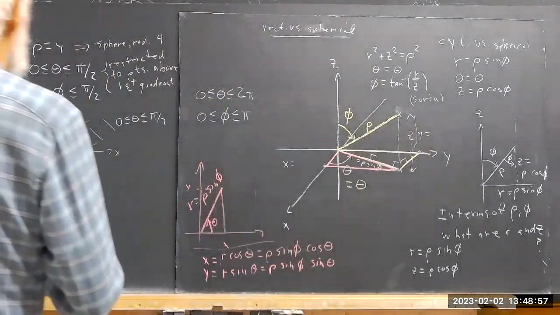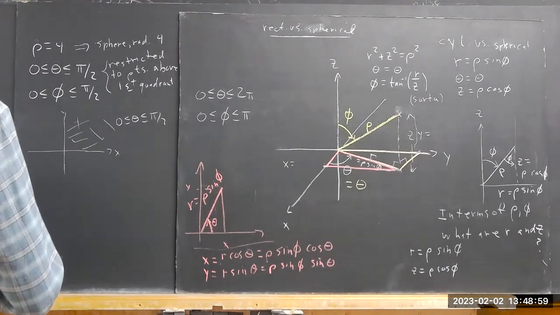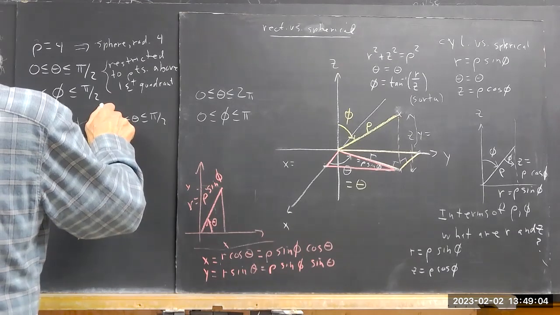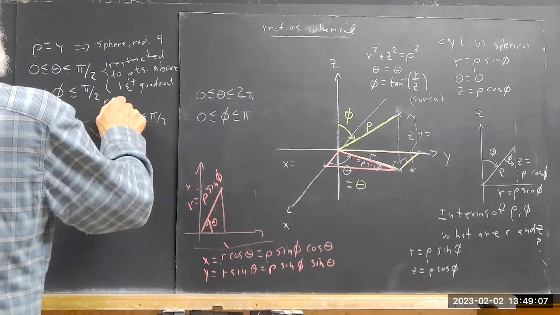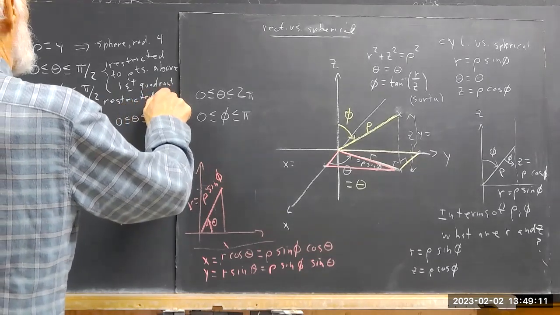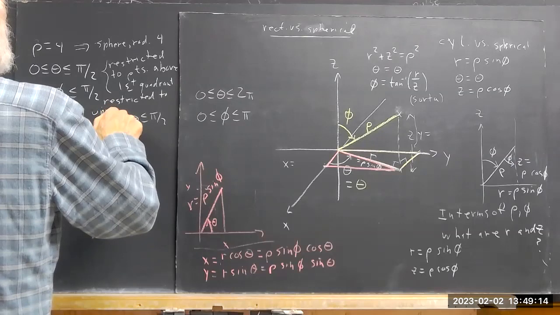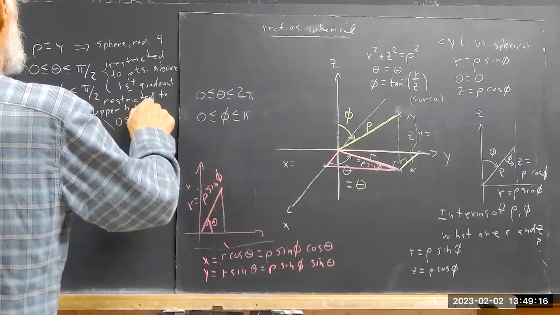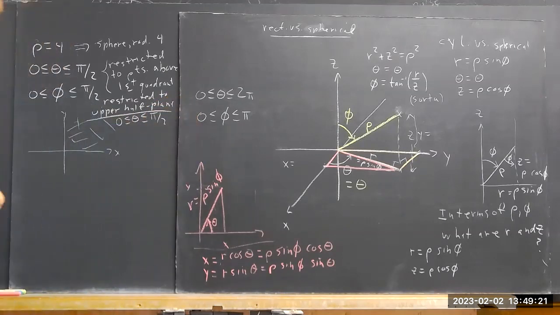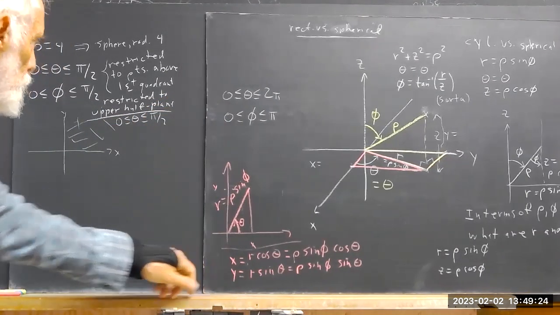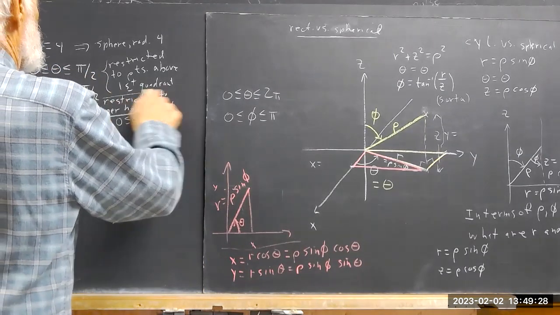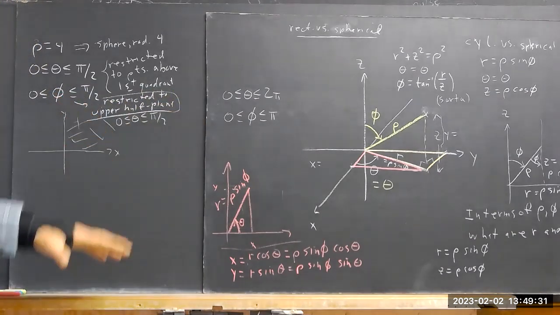The phi condition restricts you to the upper half plane.